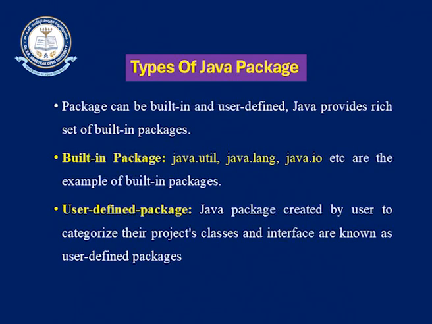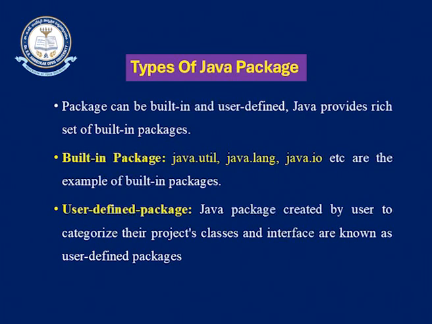Coming to the types of packages, we have two types. The first one is the built-in package or predefined package. The second one is user-defined packages. Coming to the first one, if you observe the name built-in or predefined, it means already defined.